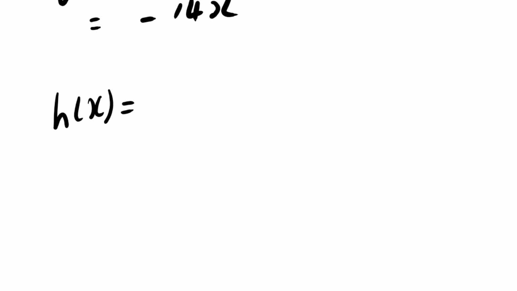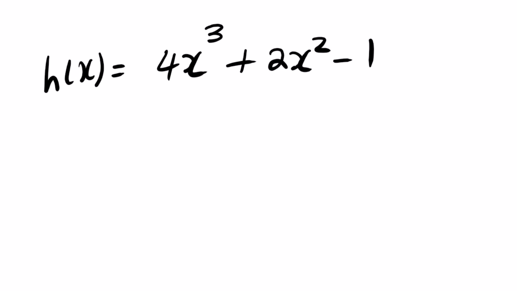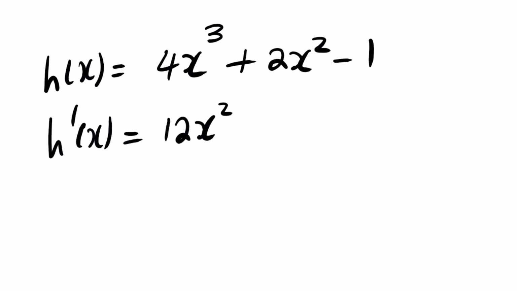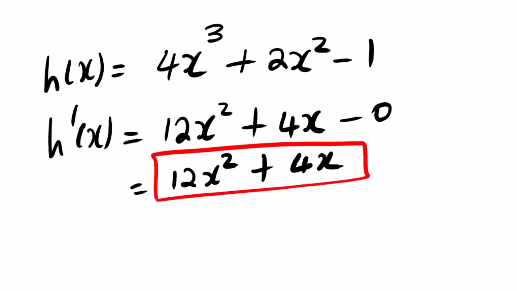The derivative of h of x, it's 12x squared plus 4x minus 0. This will be 12x squared plus 4x. Now go on and try to work out these derivatives.